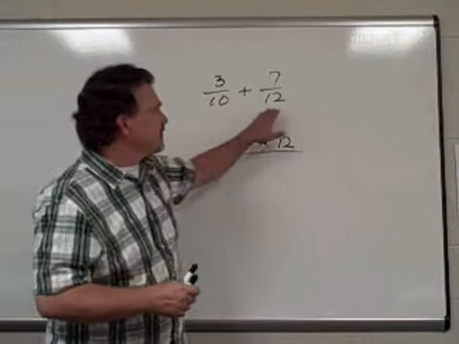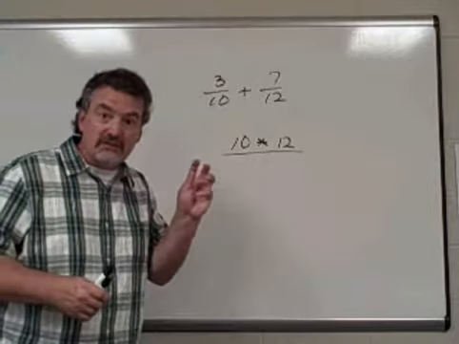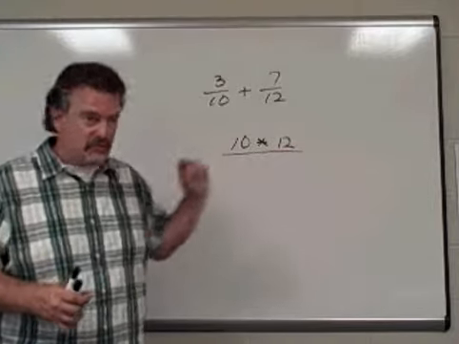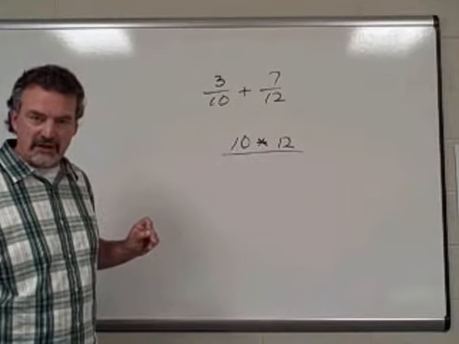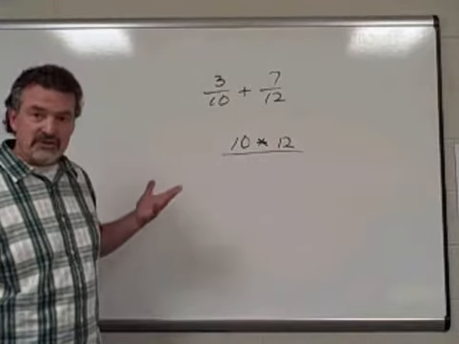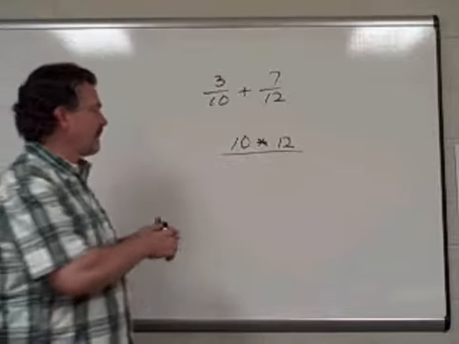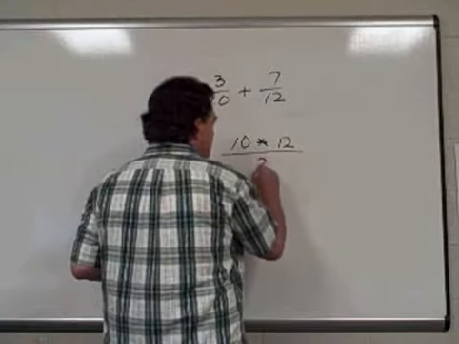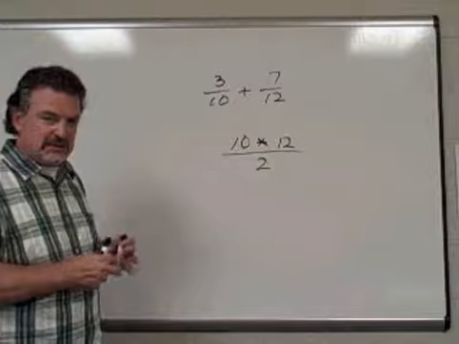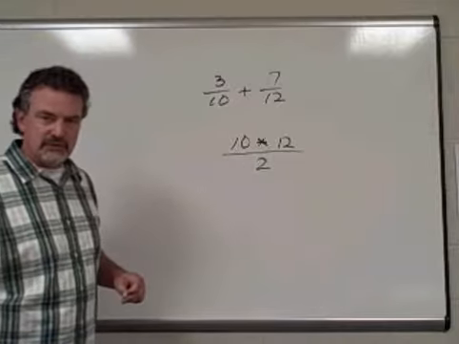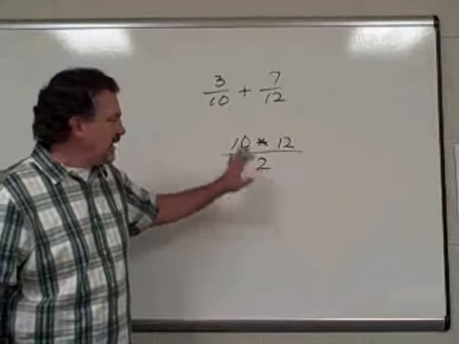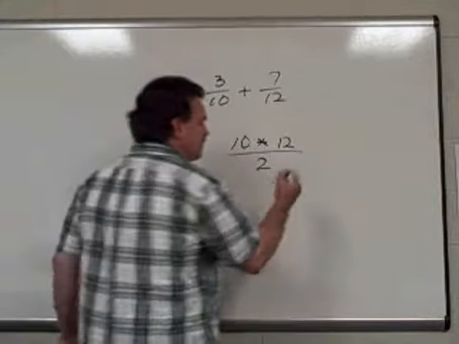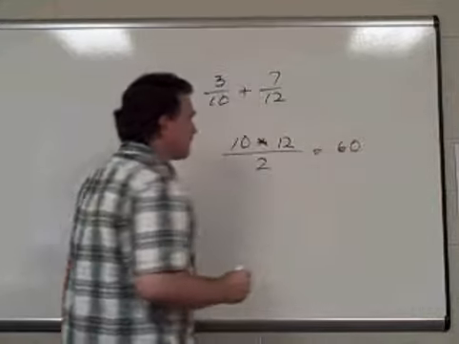Remember, a factor is a number that will divide into. The common factor that 10 and 12 share is 2. So we take the product of those two numbers and divide by 2. 10 times 12 is 120, and 120 divided by 2 equals 60.